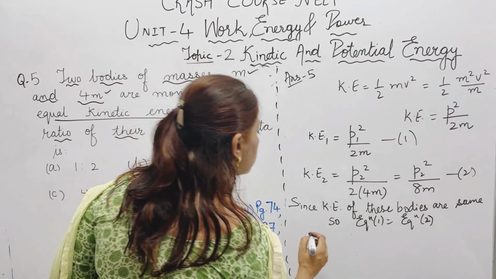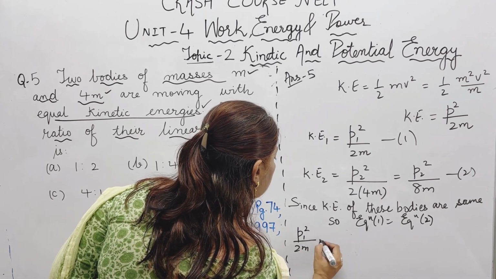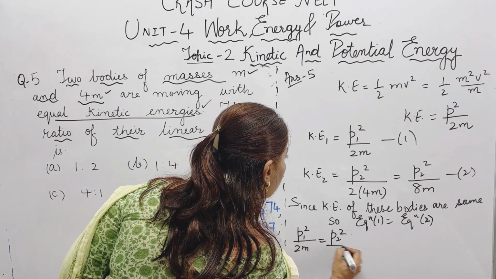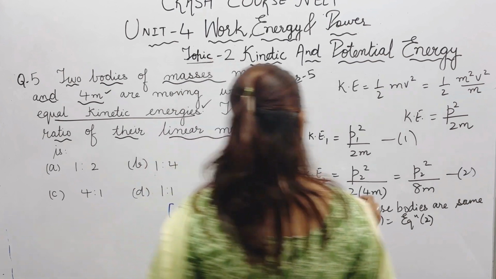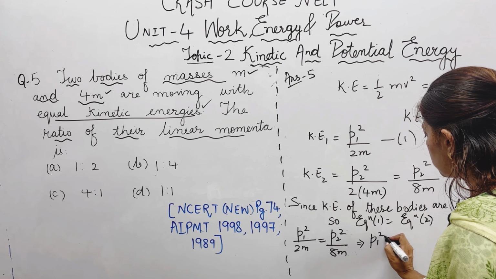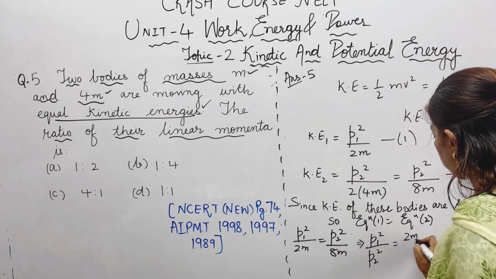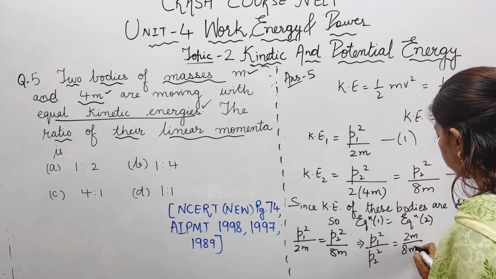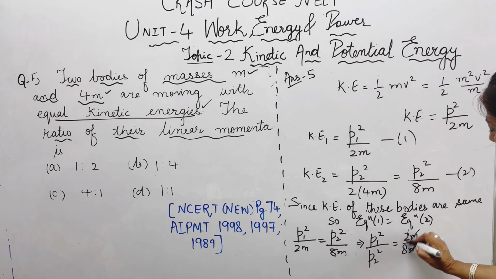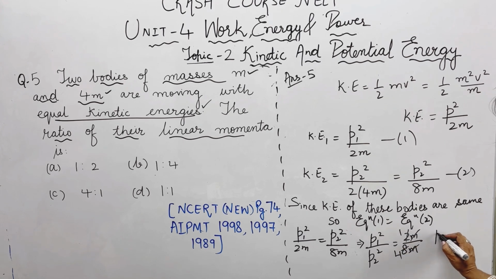Equating these two equations, we get p1 square upon 2m is equal to p2 square upon 8m. And from here, p1 square upon p2 square is equal to 2m upon 8m. m cancels and we get 1 by 4. Taking square root both sides, we get p1 upon p2 is equal to 1 upon 2.